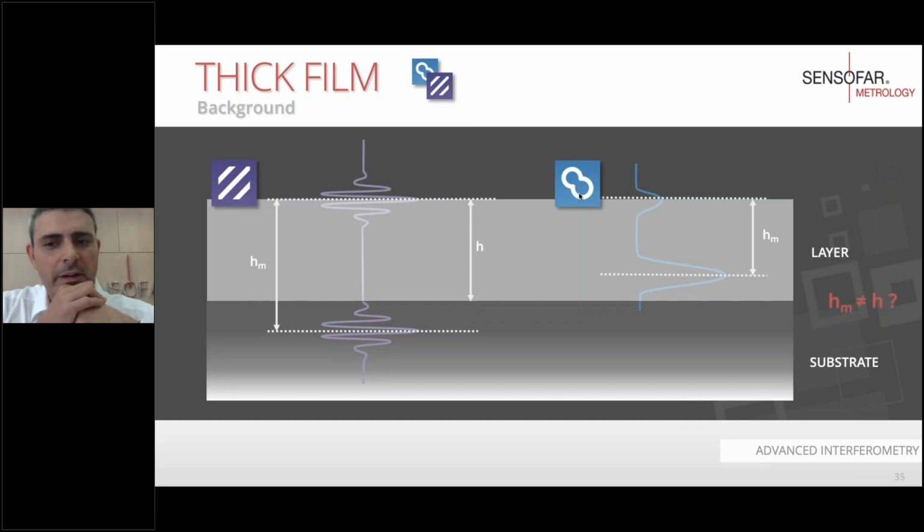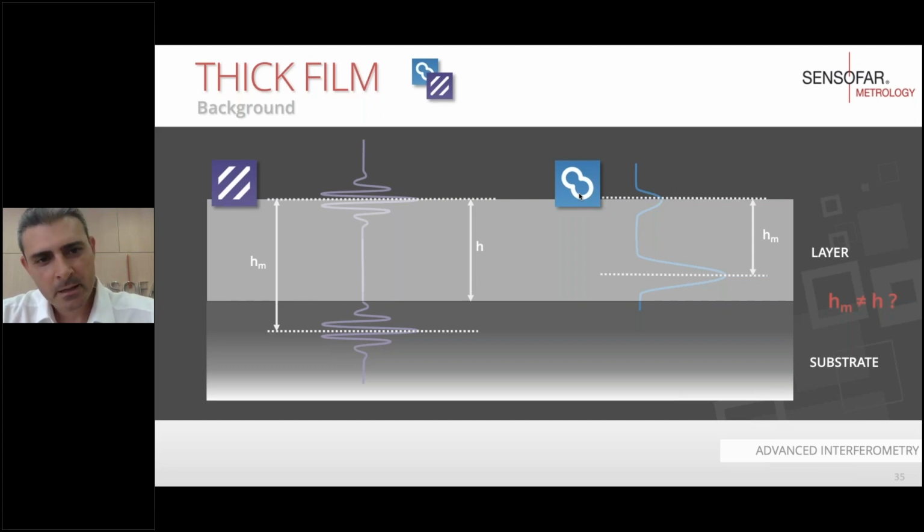Let's imagine we have a substrate and a layer that is transparent to the optical wavelengths, and we perform a vertical scan by using white light interferometry. The signal we will retrieve is the one we see on the left.